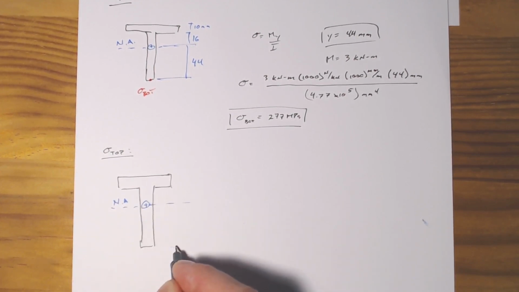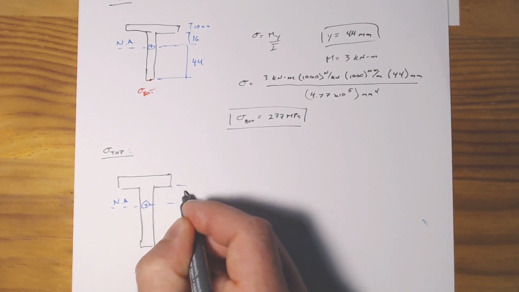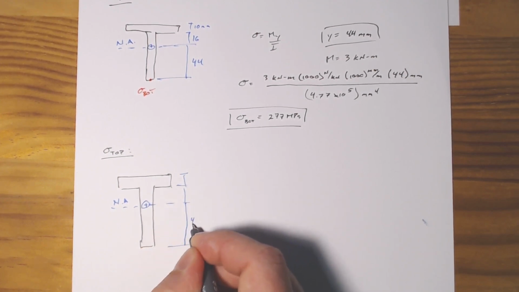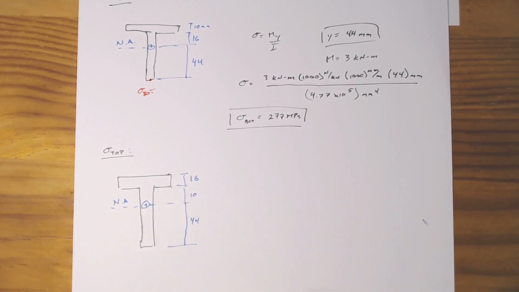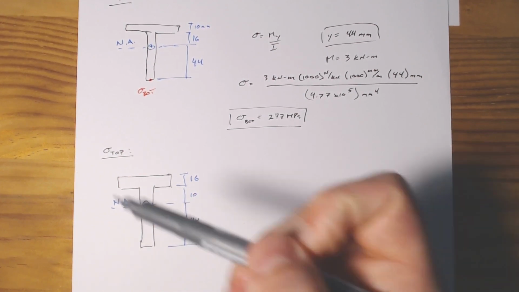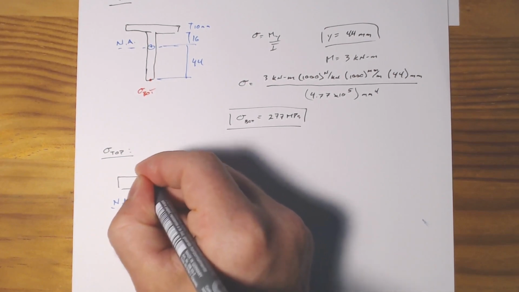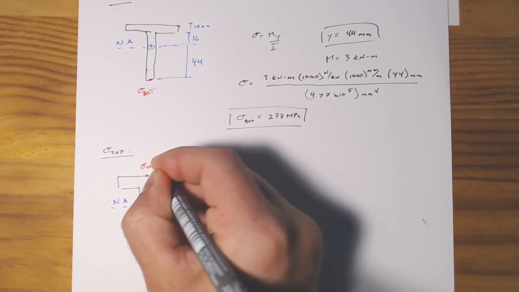So our neutral axis, again, is going to be 44 millimeters from the bottom, 10, 16, and we're trying to find sigma at the top.